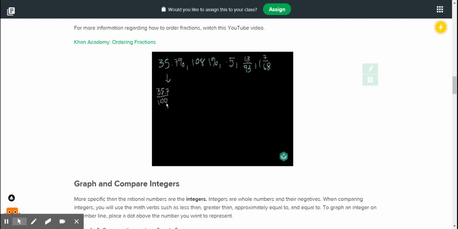So 35.7 over 100 equals 0.357. If this got you a little confused, another way to think about percentages is, if I write 35.7%, all you have to do is get rid of the percent sign and move the decimal to the left 2 spaces, and it becomes 0.357.